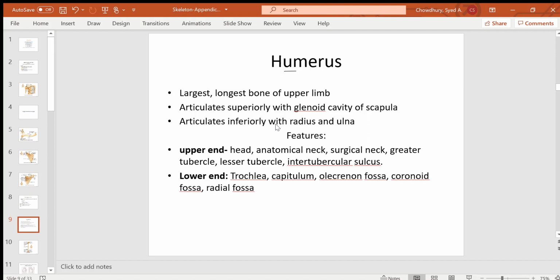Okay, and lower end of the humerus articulates with the radius and ulna, two forearm bones to form the elbow joint. Okay, so this one is shoulder joint. So the head of the humerus, or upper end of the humerus, articulates with the glenoid cavity of the scapula to form the shoulder joint, and lower end of the humerus articulates with the radius to form the elbow joint.